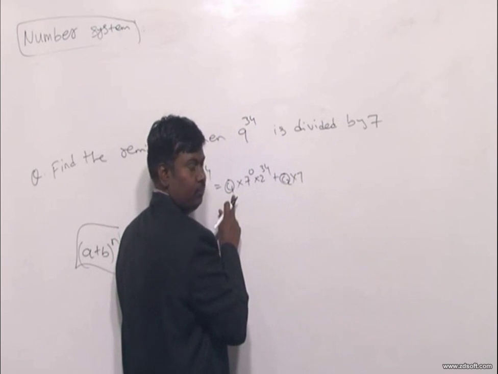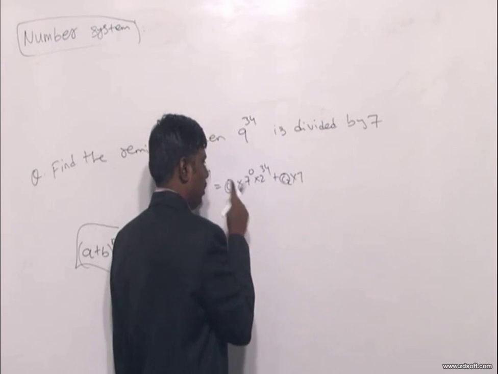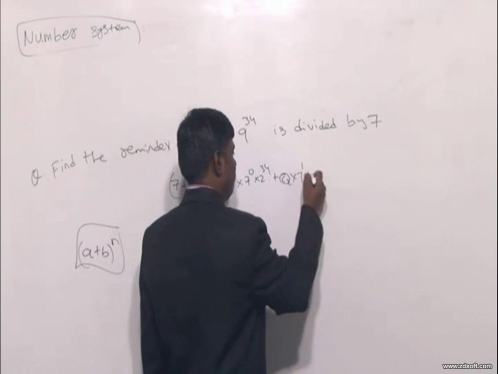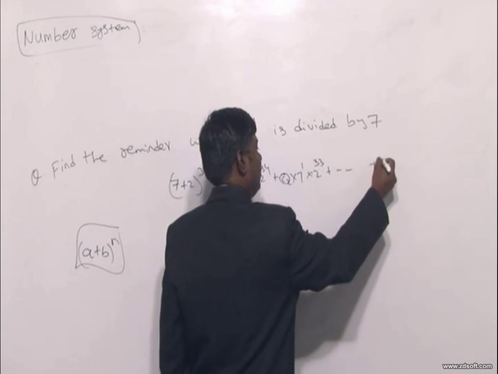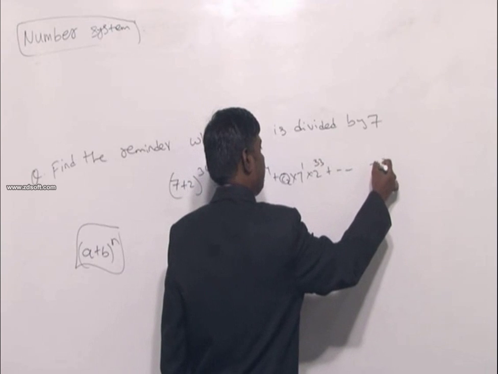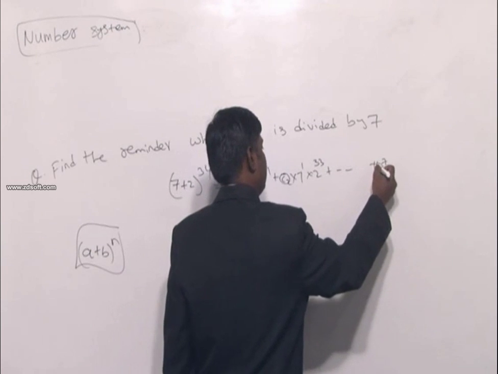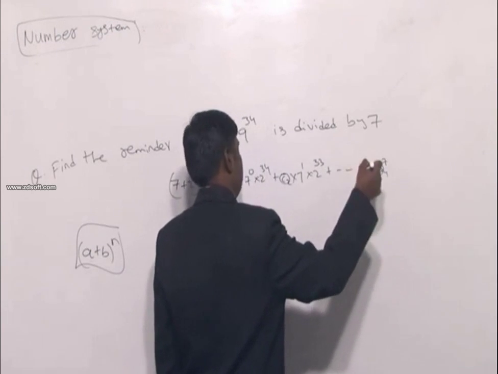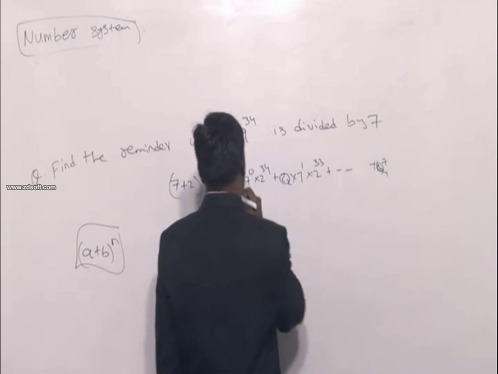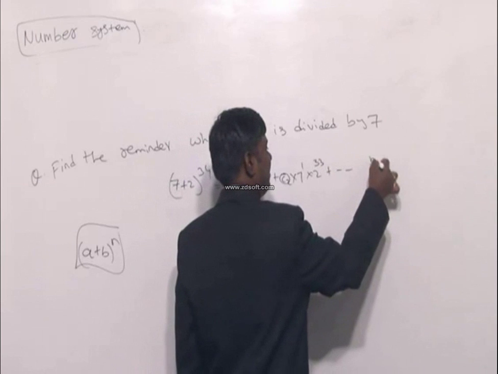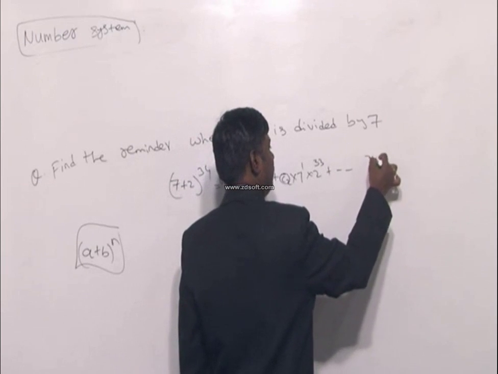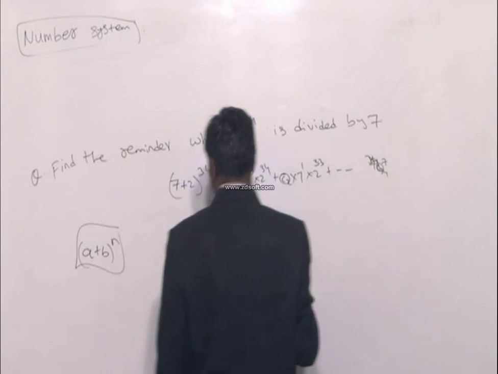NC0 is what you get, that is 1. So here it is 7 power 1 into 2 power 33, and so on, up to NC34.